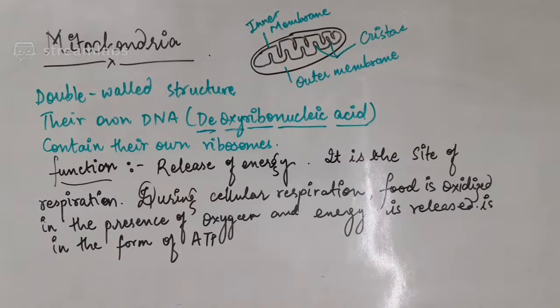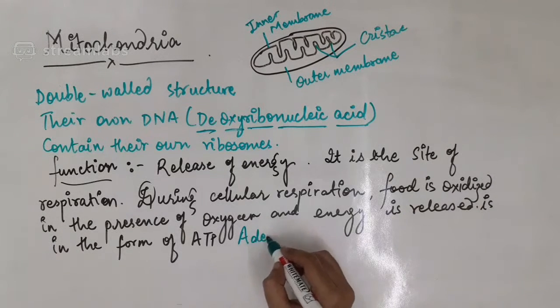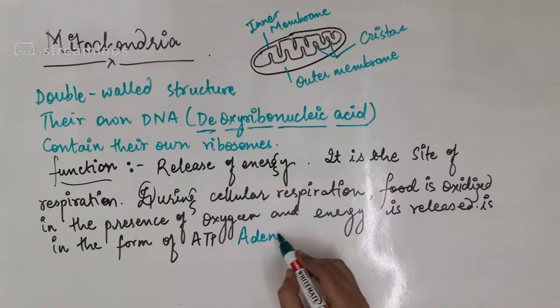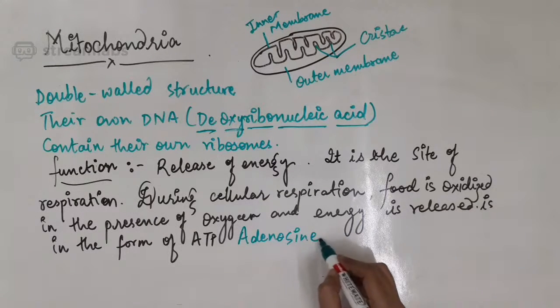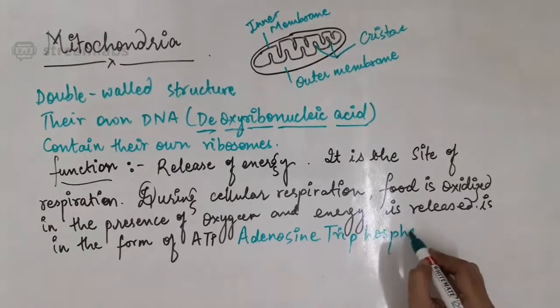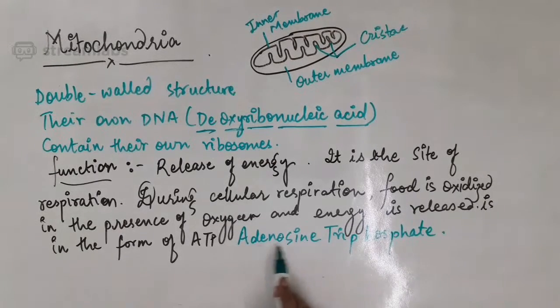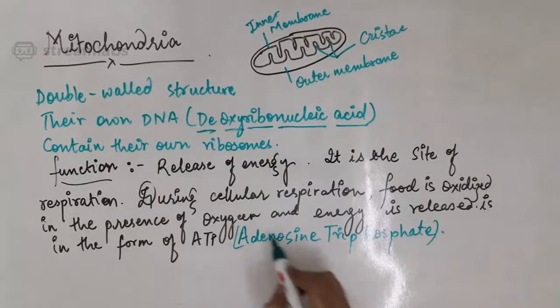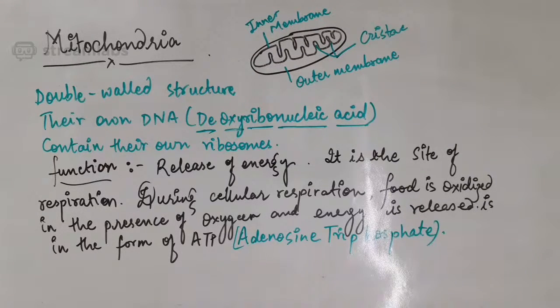ATP is adenosine triphosphate. Adenosine triphosphate is also known as the currency of the cell.